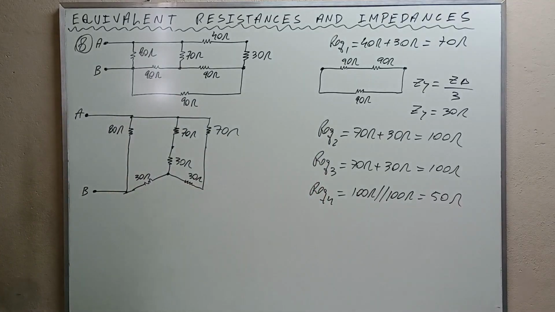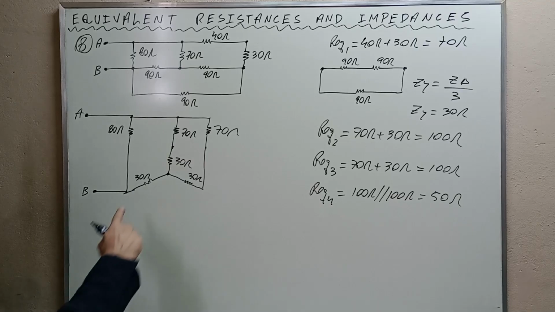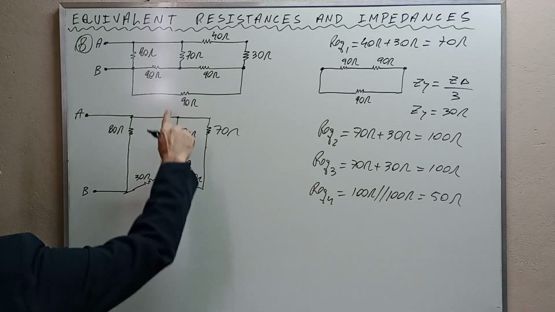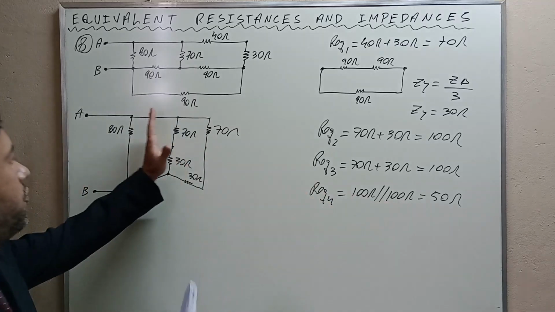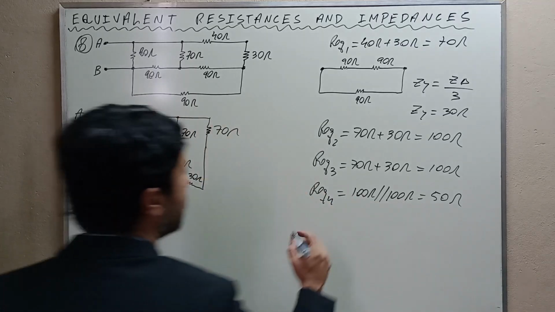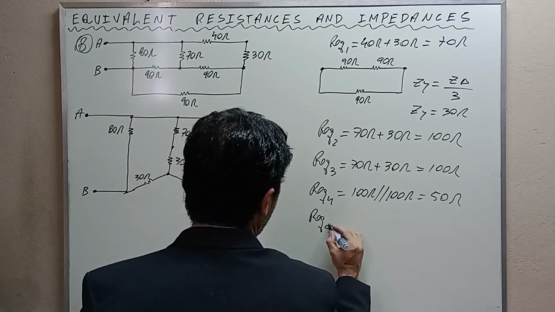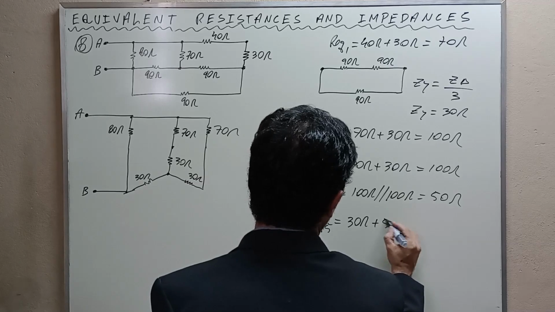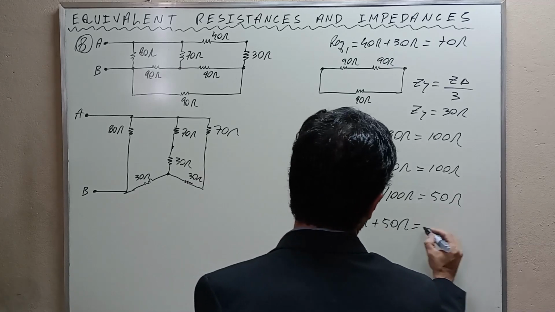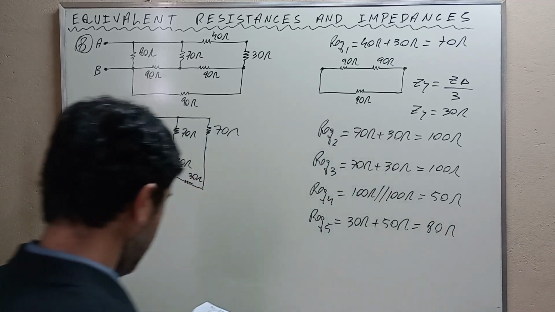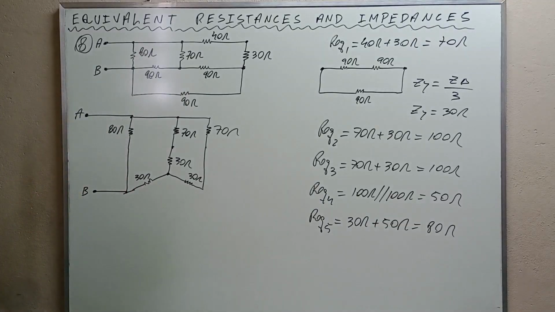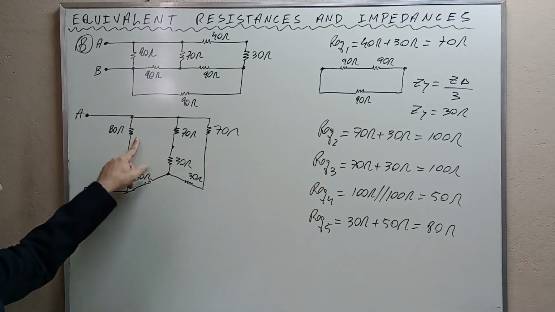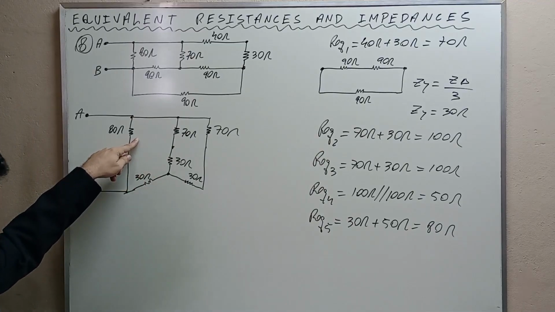And this 50 will be in series with this. Okay, 30 in series with this, which replaces all this. Equivalent resistance number 5 is equal to 30 in series with 50, which is 80. And finally, this 80 that replaces all this will be in parallel with this.